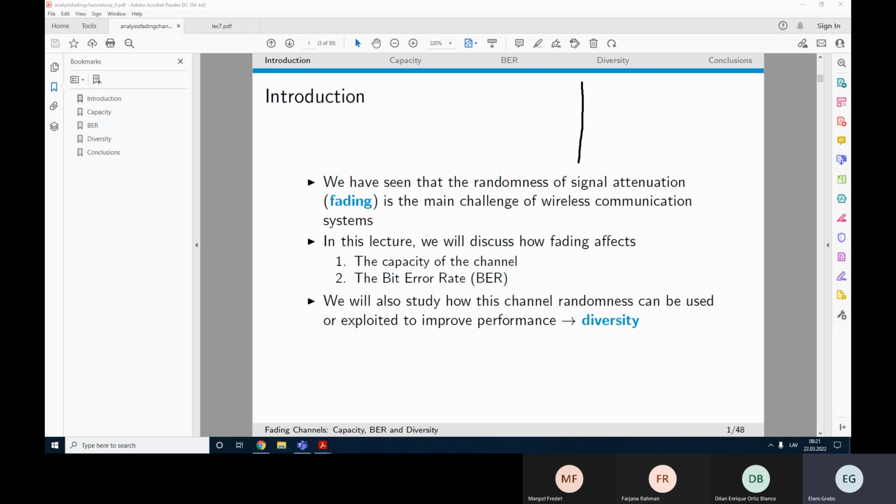Let us say, for example, we have our mobile device receiving signal from our base station. We have a direct path signal, and we might have different scattered and reflected signals from different objects.